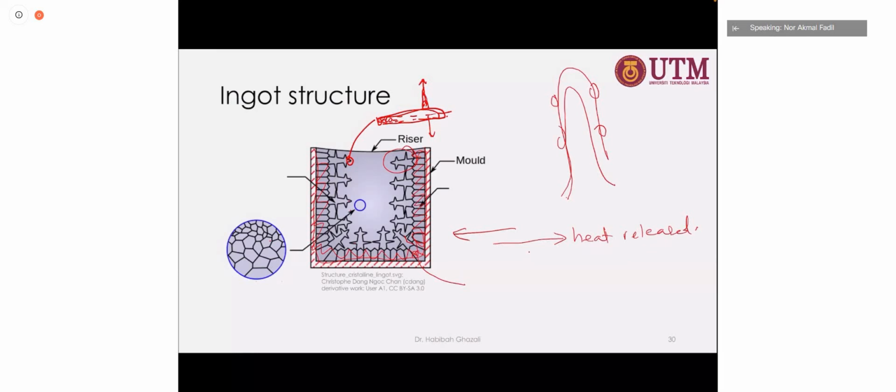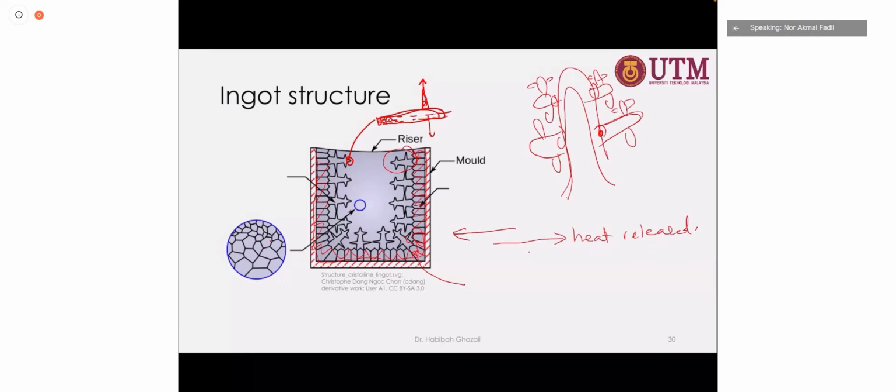Similar to the dendritic, it starts by finding an area where it can release the energy, so it will grow in this direction, forming more surface area. The more surface area, the faster the energy will release, which is heat energy. So this is how dendritic reacts.